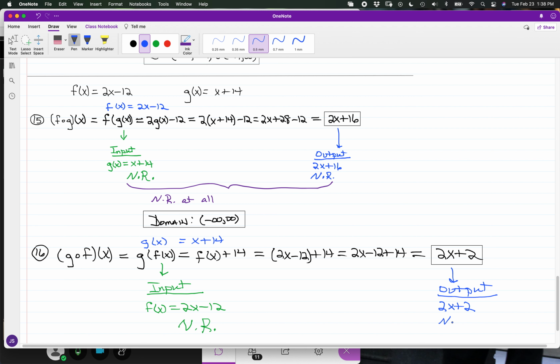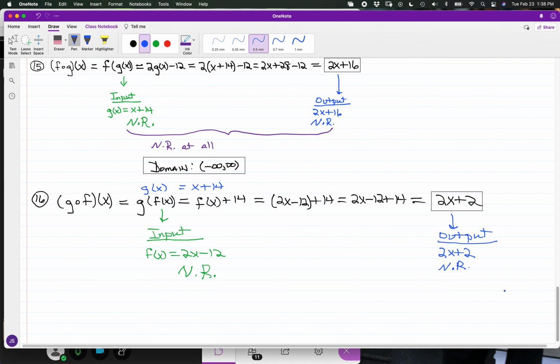So 2x plus 2, for the same reason as the input, has no restrictions. So you have no restrictions at all. Just like the composition in number 15, the domain for the composition in number 16 is still going to be the set of all real numbers.